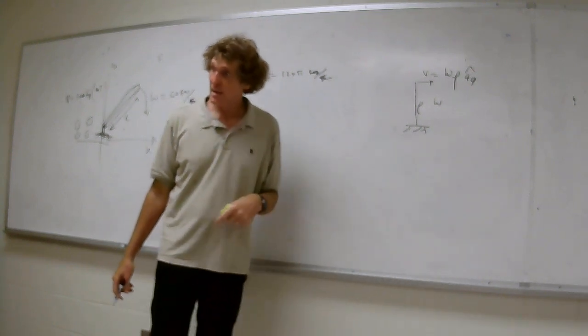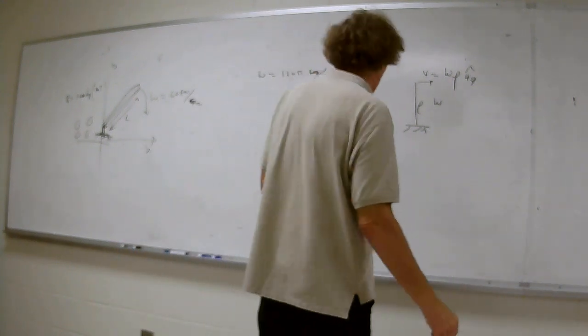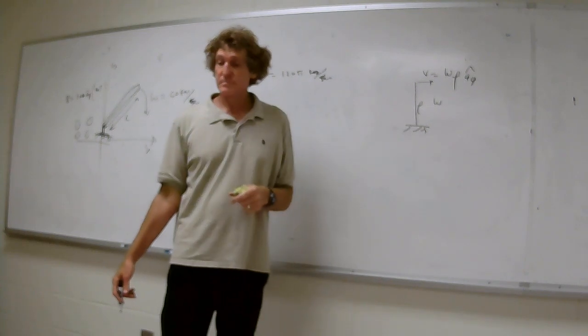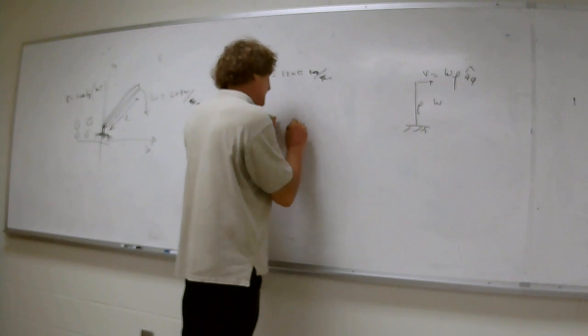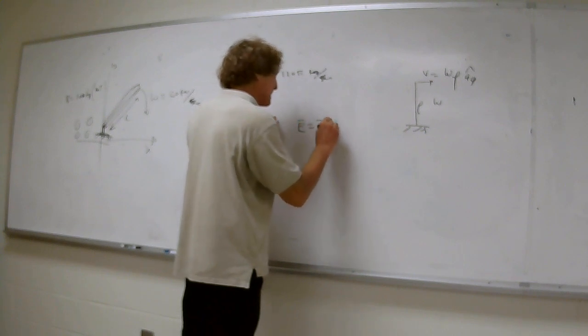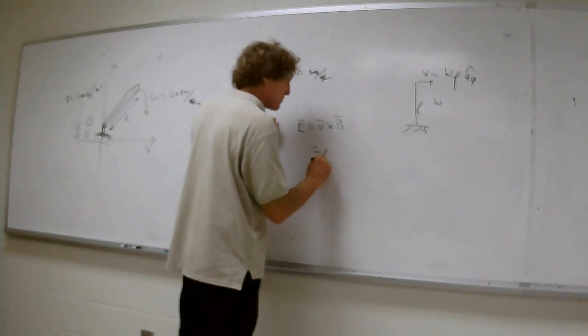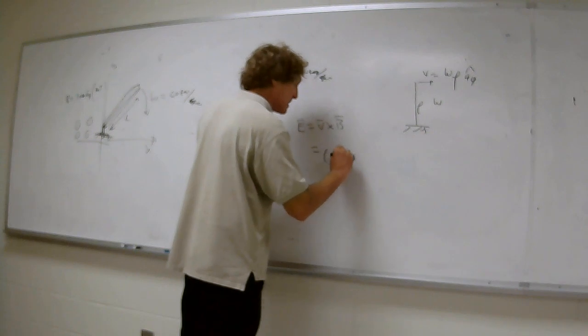All right, now what's the next thing we need? E. V cross B, and this is the induced field. V is omega rho a phi.